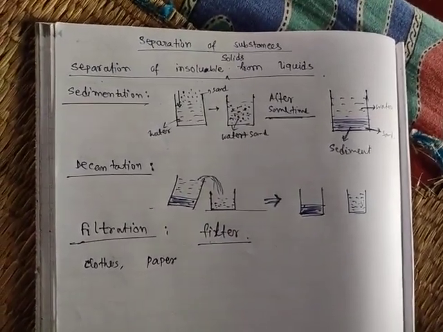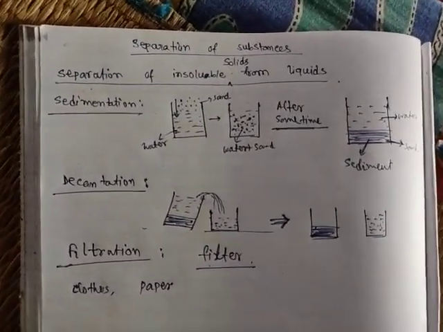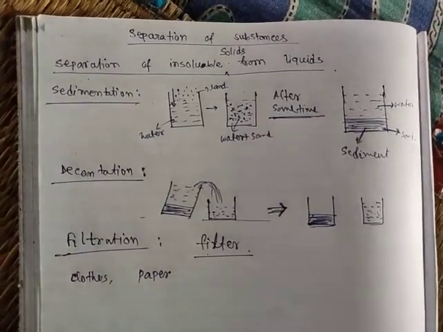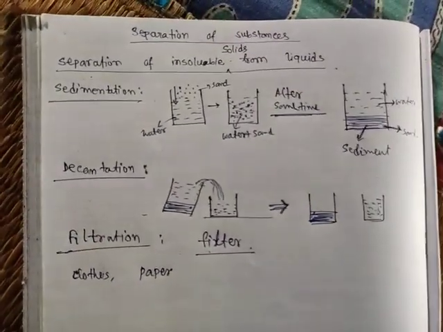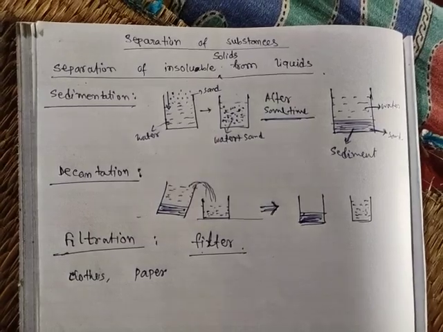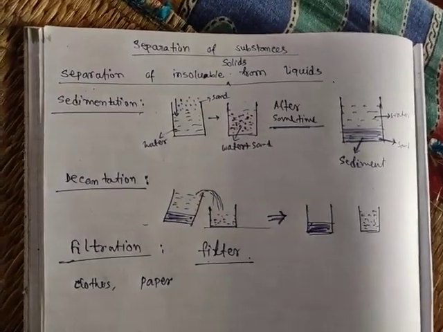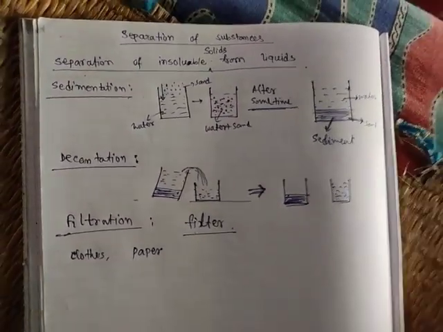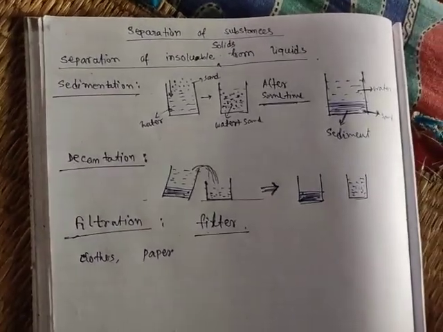Similarly, in the filtration process, the solids which you want to separate cannot pass through it, but the liquid can. In this process we can separate the solid and the liquid easily.